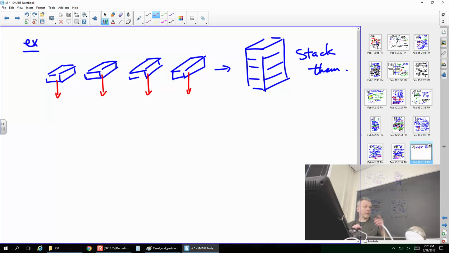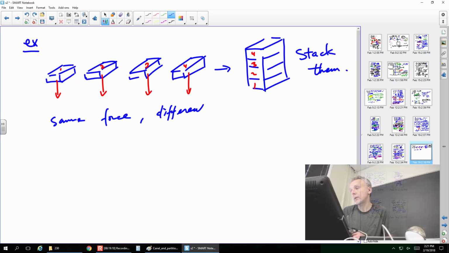The first brick will not take any trip whatsoever, it stays here. The second you have to lift up here, the third has to be lifted higher, and the fourth has to be lifted all the way up. Okay? So same force, different trip or different displacement.